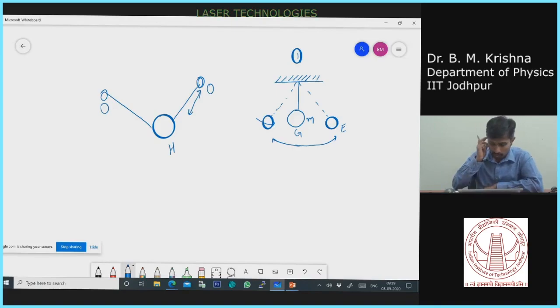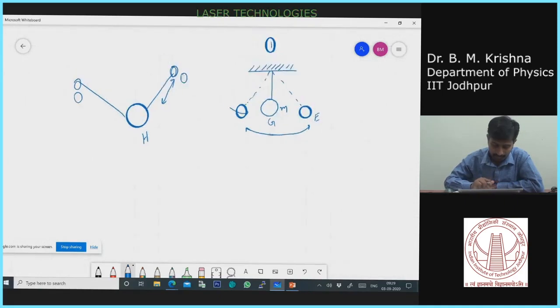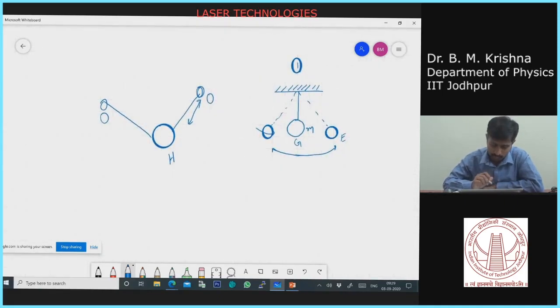Similarly, you can consider the molecular level. You have H2O. Now if you see, your oxygen and hydrogen are connected. If you give a small energy, this oxygen will stretch for a certain time. That is the excited state of this molecule, or it will rotate.